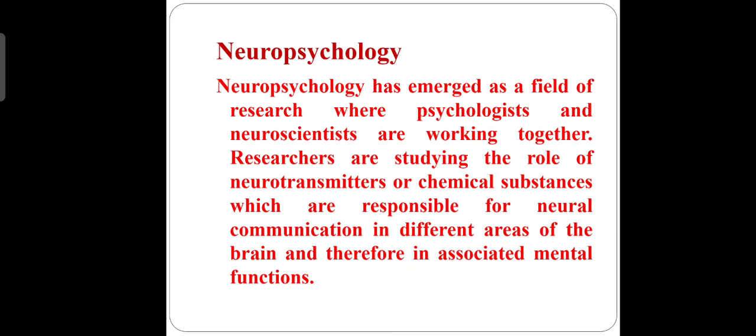Researchers are studying the role of neurotransmitters, or chemical substances which are responsible for neural communication in different areas of the brain, and different types of neurotransmitters, yes, GABA, acetylcholine, etc. And what are the roles of neurotransmitters in our activities, in our behavior? One of the causes of psychological disorder is the imbalance of neurotransmitters.